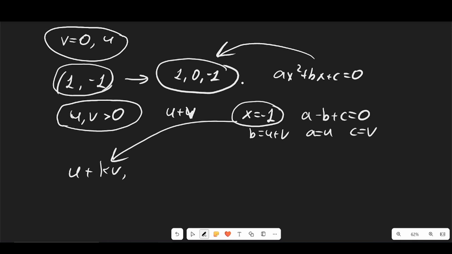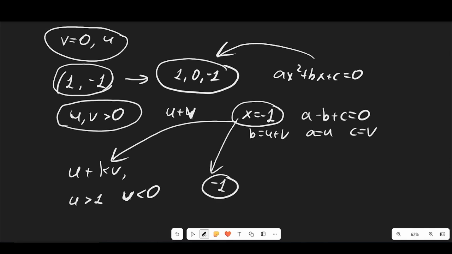And now consider the case when one number is greater than 1 itself, and the second number is 0. If u is greater than 1 and v is 0, by using this operation, we can also generate negative 1.